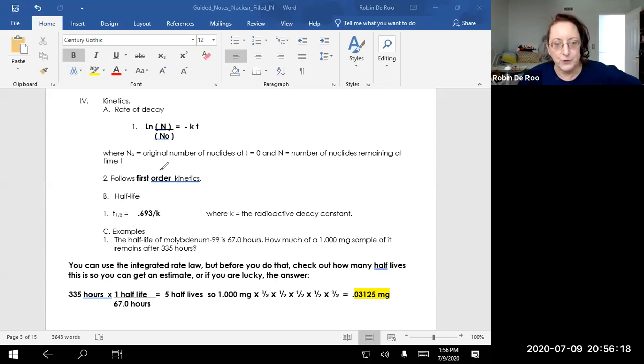Again, it follows first order kinetics always. So the half-life would be T1/2 equals 0.693 divided by k, where k is the radioactive decay constant.